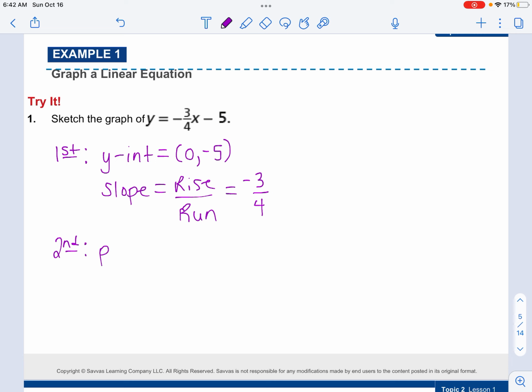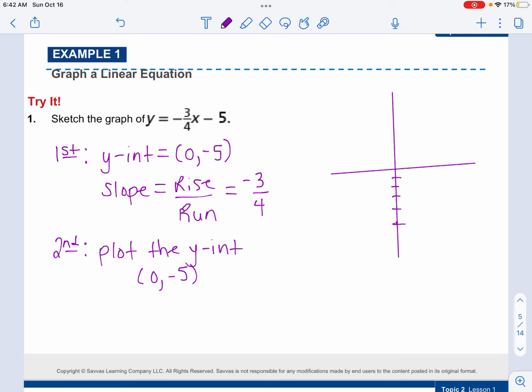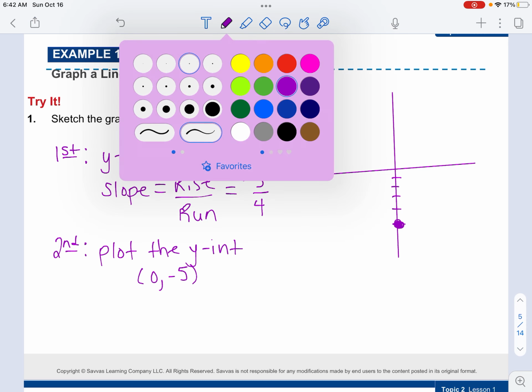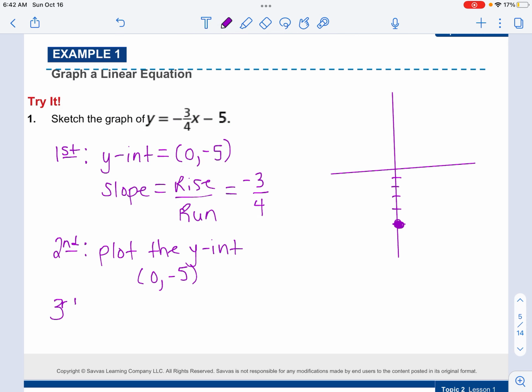Second, we're going to plot the y-intercept, which is at 0, -5. So if I create my graph here, go down to -5. Third, you're going to use the slope.